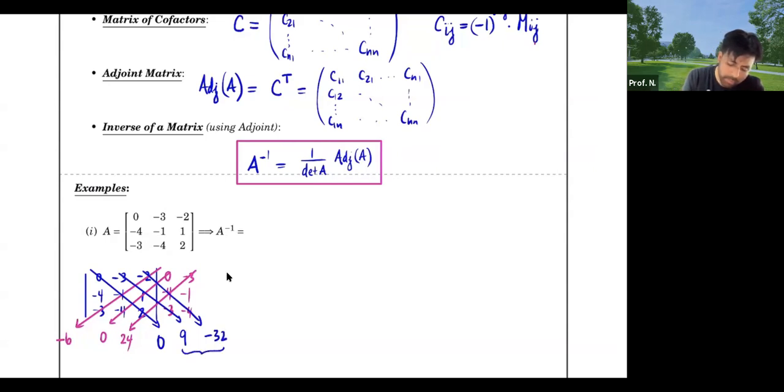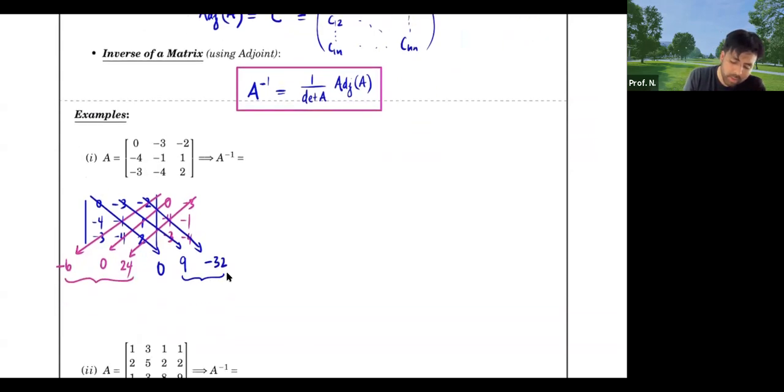You add these up, and you subtract them. So this will be positive 18, and this would be negative 23. And so the determinant of A is going to be negative 23 minus 18. And so you get negative 41.